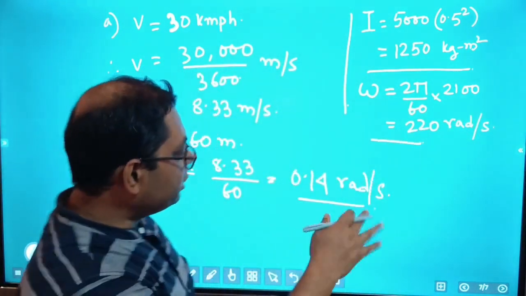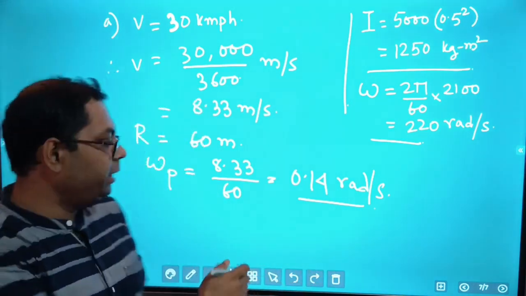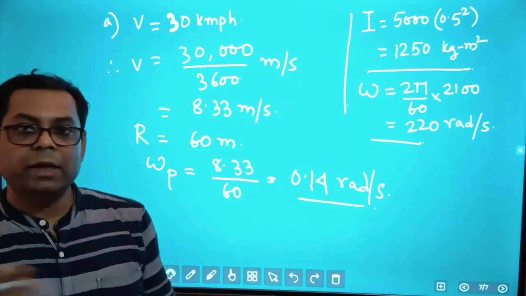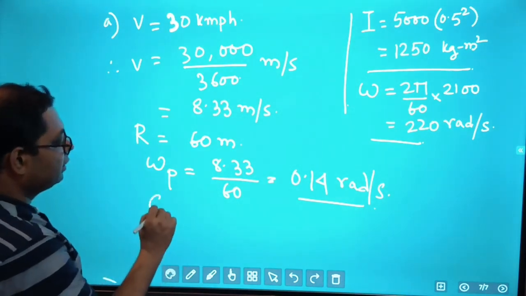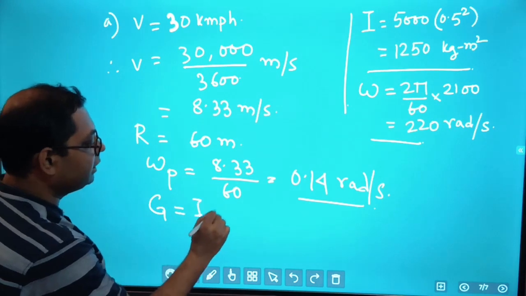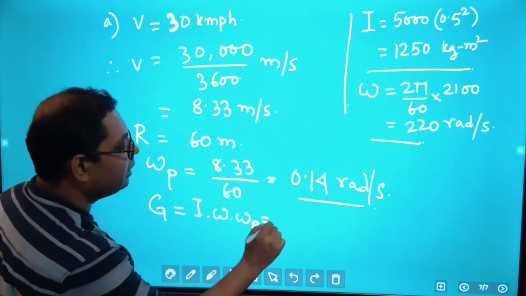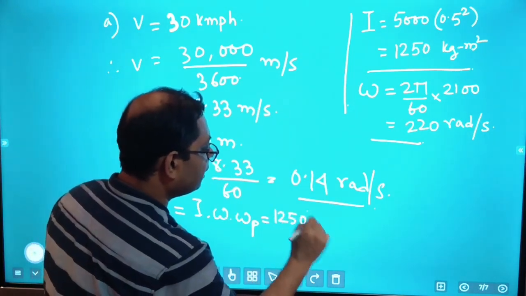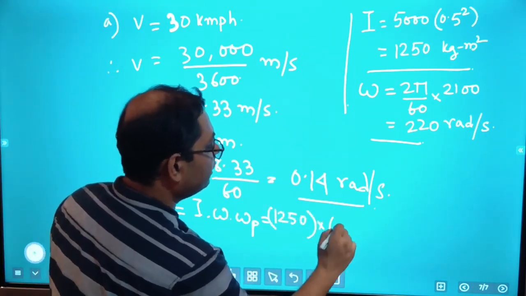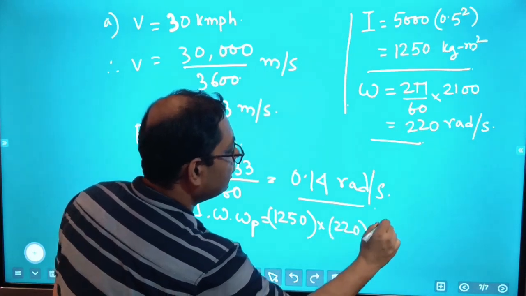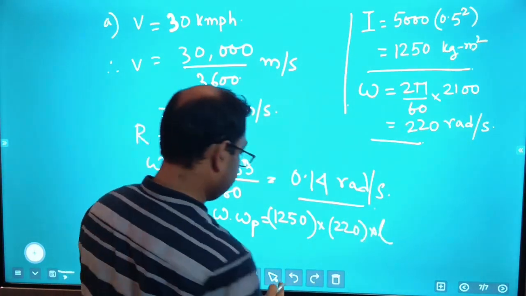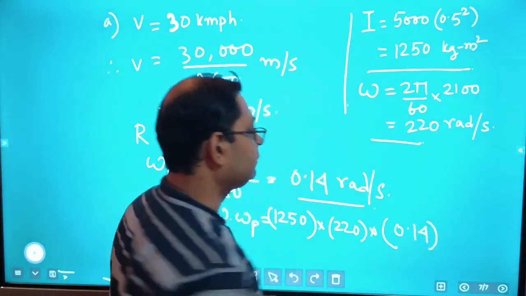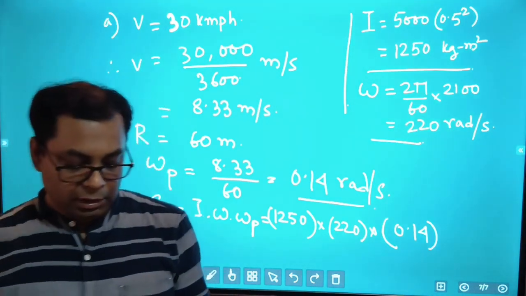And for this particular situation omega p is 0.14 radian per second. So the gyroscopic couple value, capital G, which is nothing but I omega p, is 1250 into omega 220 into omega p, which is 0.14.